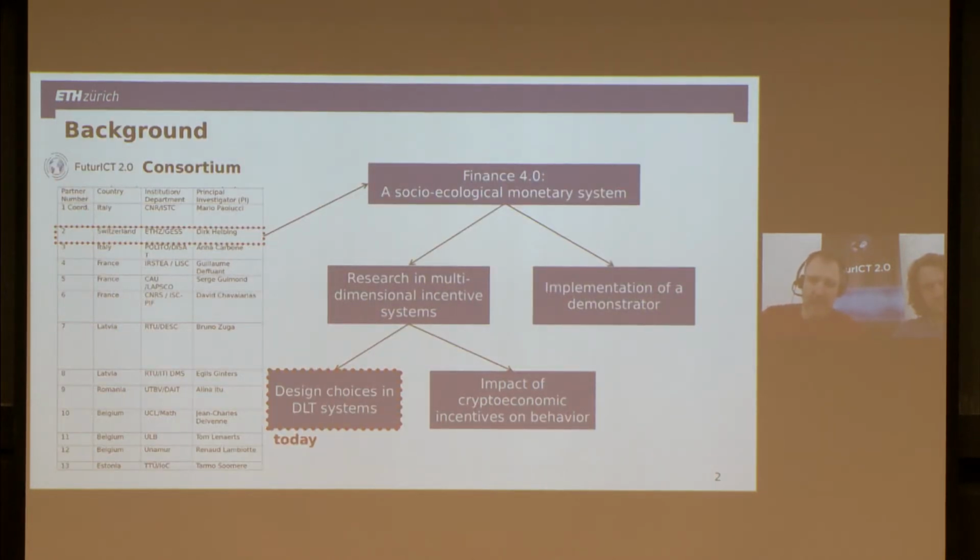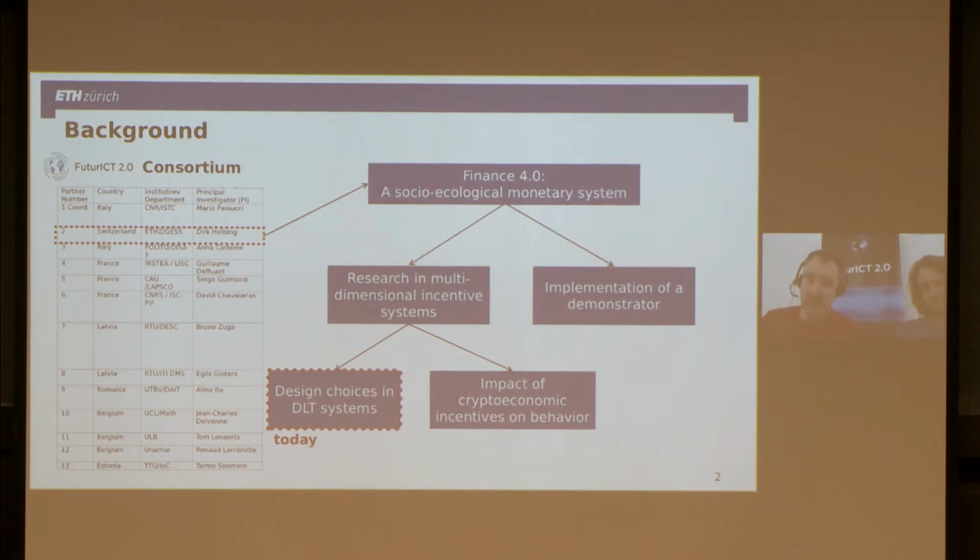So actually, we are in a project called Future ICT 2, in which we are working on a new socio-ecological monetary system, which we call Finance 4, which is based on blockchain technology. As you can imagine, several questions came up during that project over the last 3 years. One of them was research into multidimensional incentive systems.